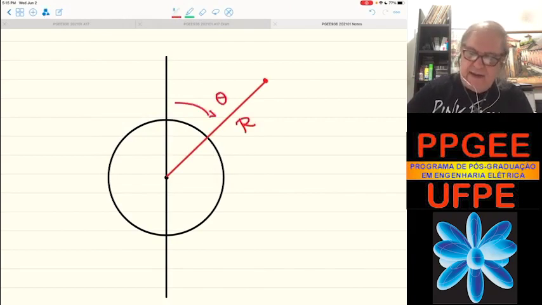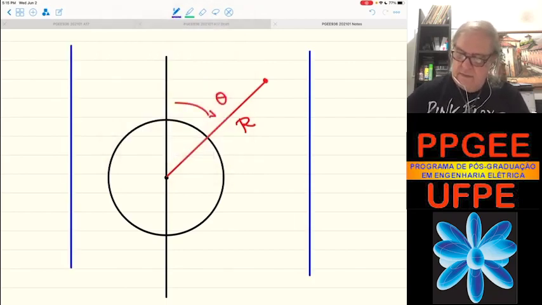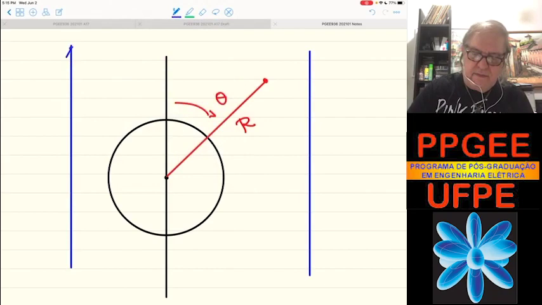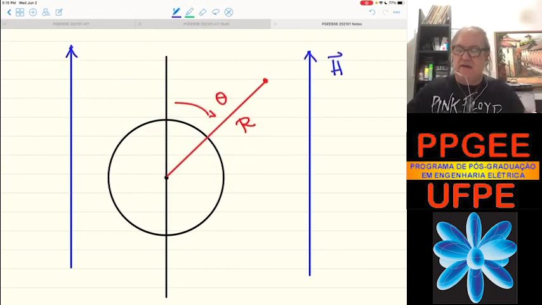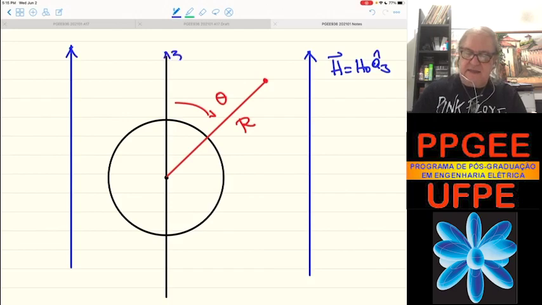The field is applied along this direction here. That's H, away from the sphere, in the absence of the sphere. H equals H0 a_z. This is the z-axis.